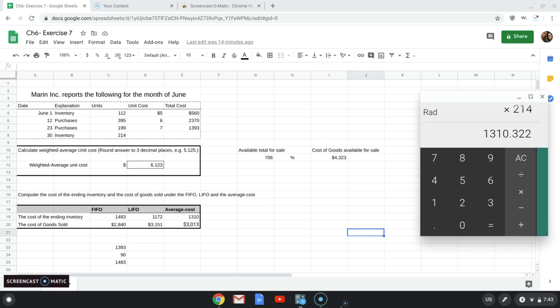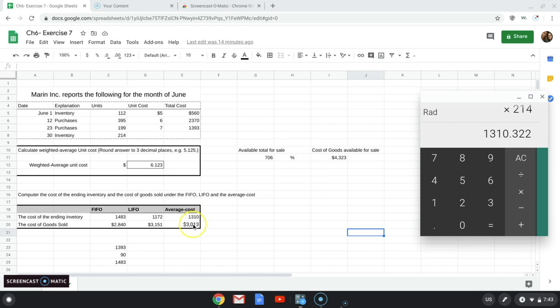And that equals 1,310.2. I'm sorry, 1,310. So that is the answer. But just remember, in the homework, we just need to put the whole number without a decimal. So that's why I just put it like this.